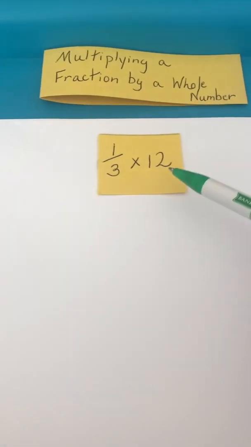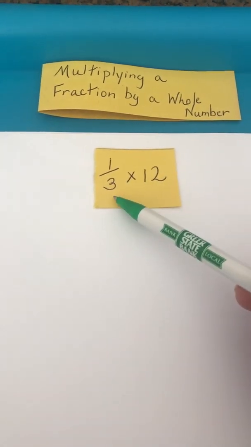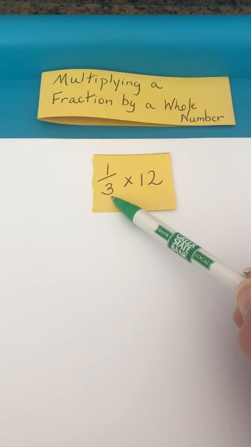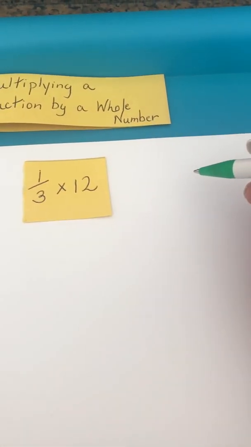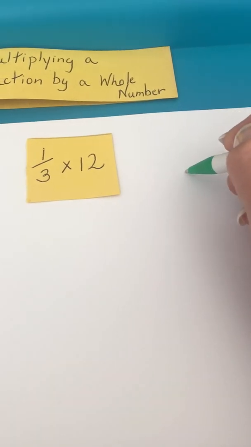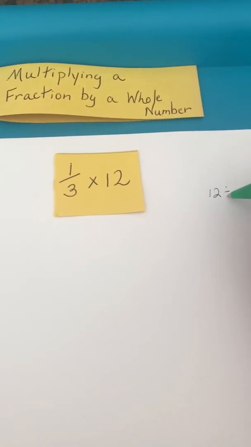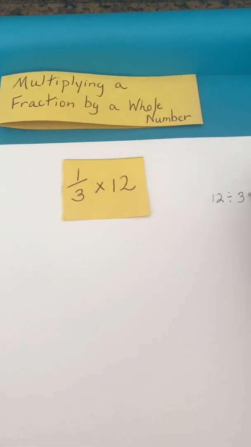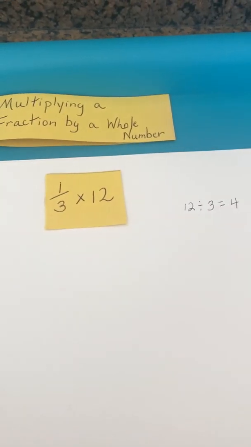I'm going to take the 12 and I'm going to divide it into 3 equal parts. And I'm going to take what I know about multiplication and division and recall that 12 divided using my denominator into 3 equal parts would give me 4 per group.